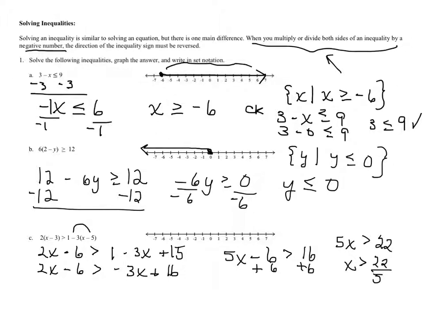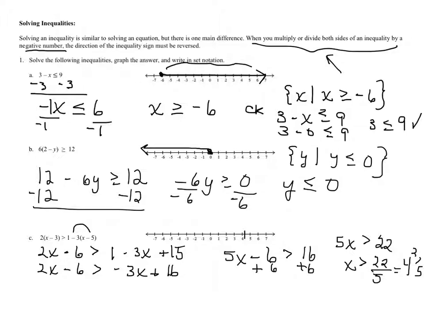Notice how I didn't change the sense of the inequality, or I didn't reverse the inequality sign, because I had nice positive values in front of the x, so I didn't have to change the sign. Now how to graph this? Well, I'm thinking 5 goes into 22 4 times with 2 left over, so it's 4 and 2 fifths, which is between 4 and 5, a little bit closer to 4, and we'll have to do an open hole.